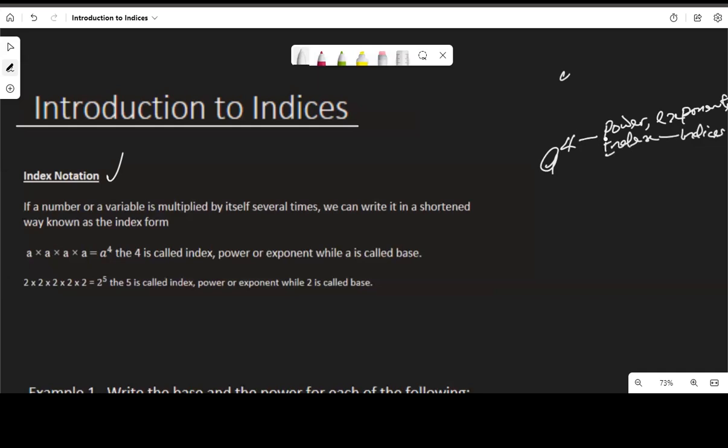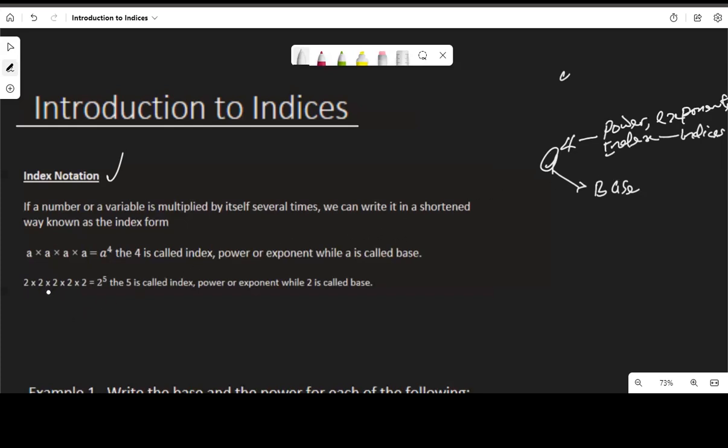So if this word is called power, exponent, or index, what is this a? a is called the base. So in this index form, 4 is the power, the exponent, or the index, while a is called the base.